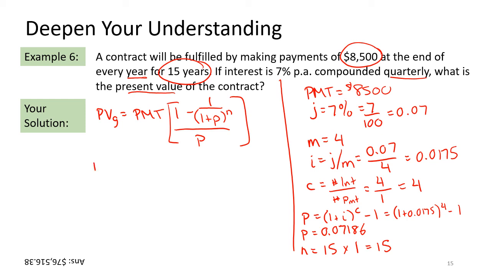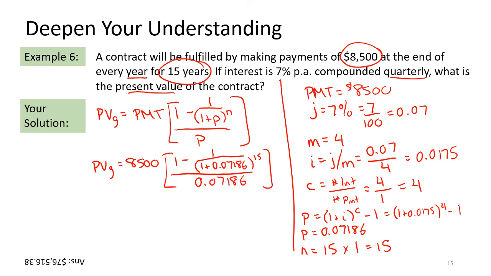Substituting all these values in, your present value is equal to your payments, 8,500, times 1 minus 1 divided by, remember, 1 plus your equivalent interest rate, P, 0.07186, so the exponent 15, divided by 0.07186.